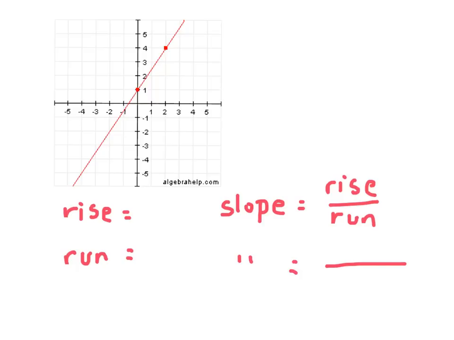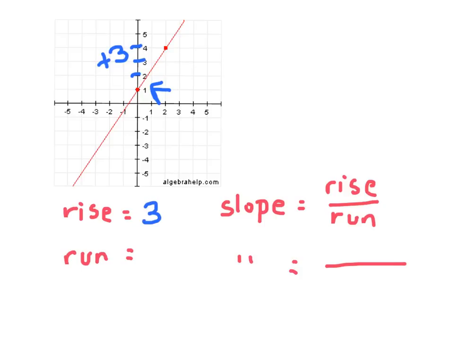Okay, here we have another line. You can go ahead and pause your video and then restart it to see how you did. Calculate the slope. Welcome back from pausing the video. Let's count our slope. If I start at this point down here, my y value is equal to 1. To get up to the next point, I would have to go up 3 in the y direction, and it's positive 3.